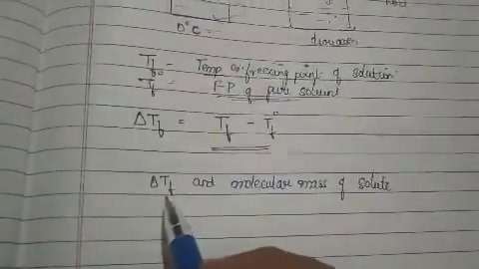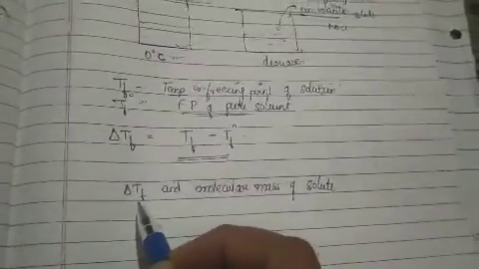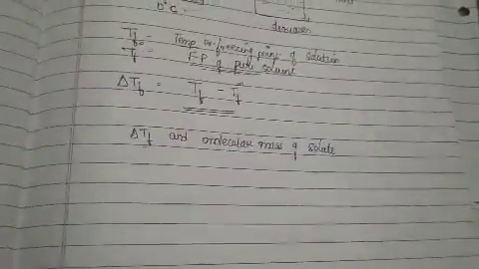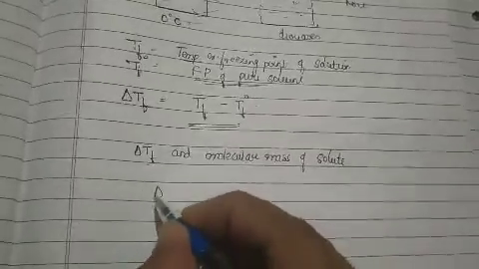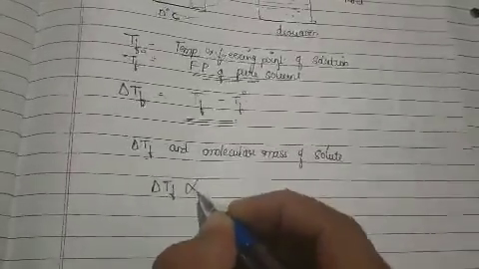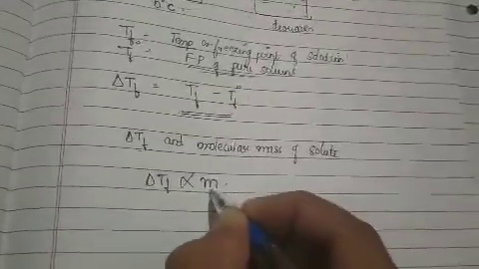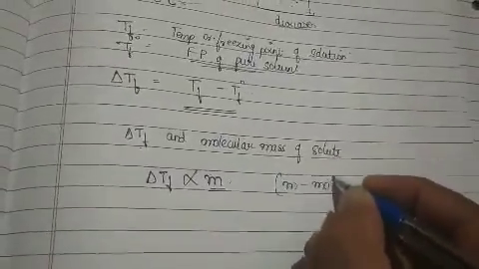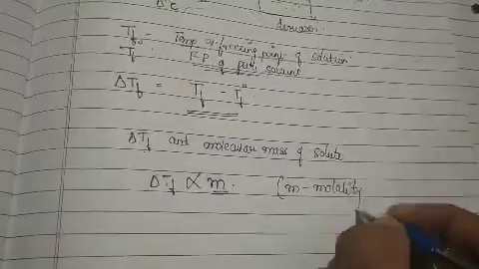So basically first we are going to see how this depression in the freezing point is related to the concentration term, that is your molality. Similar to your elevation in the boiling point, your depression in the freezing point is also directly proportional to molality. Once again I am saying here m refers to your molality.